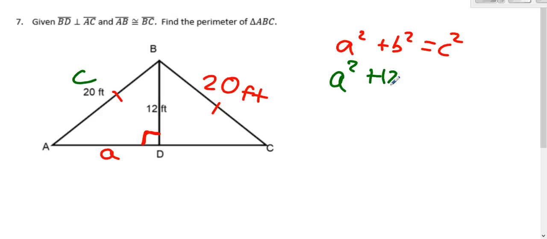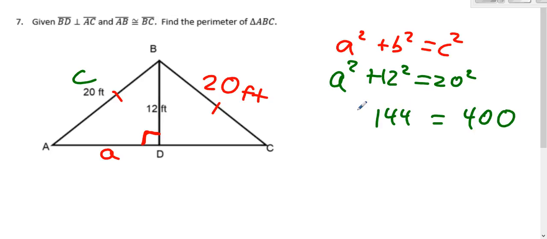So A squared plus 12 squared equals 20 squared. And then solve that out. So that's 144 and 400.